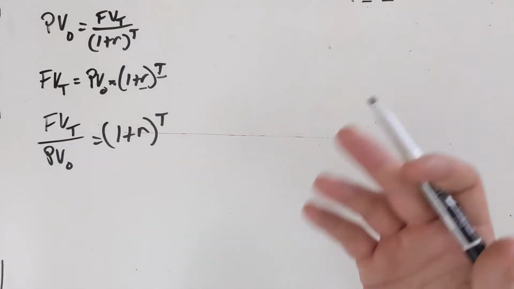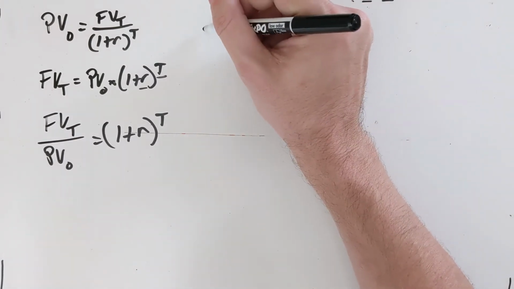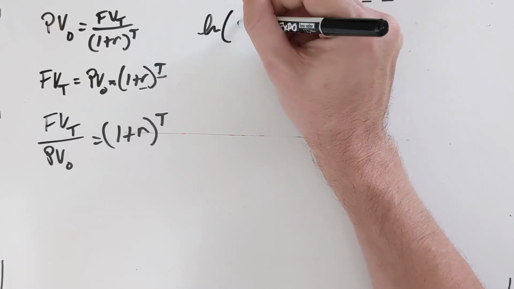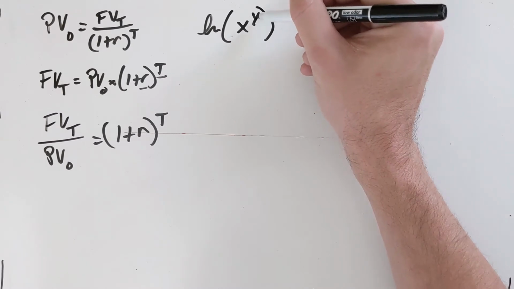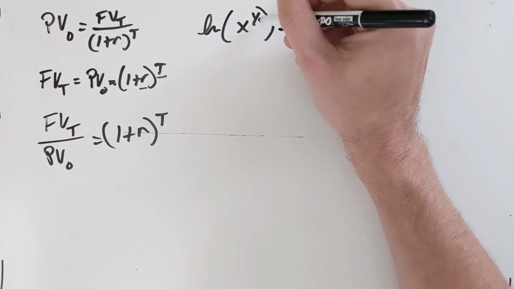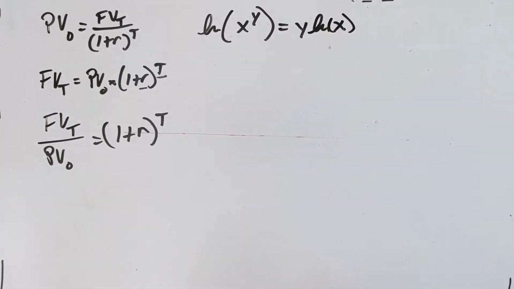And now the properties of logarithms, right, there's a math rule that says if you take ln, if you take a log of an expression where you have some number raised to a power, this is equivalent to that power times the log of that number.